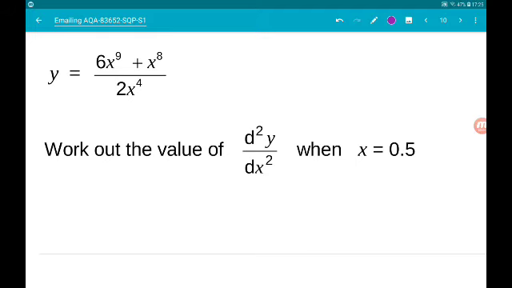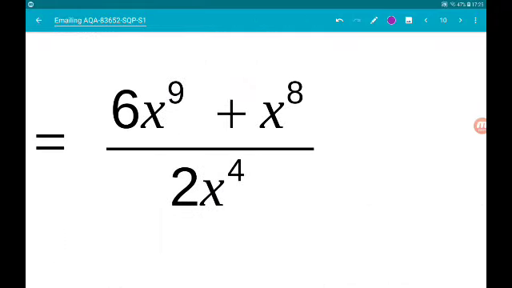d squared y over dx squared is the second derivative, so we need to differentiate this twice. Before we do that though, we can simplify the fraction, so let's do that.